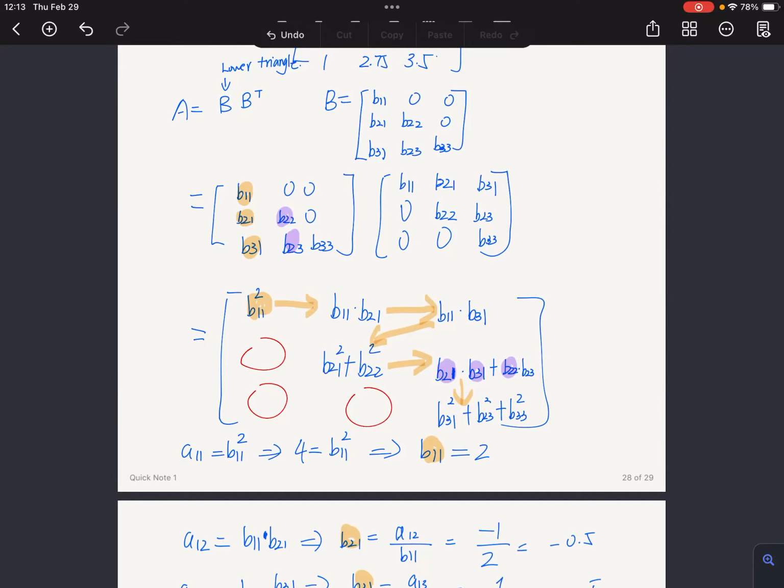But I prefer doing it this way because the formula is hard to memorize. I would not go for a 4x4 matrix, and I will only go for a 2x2 or 3x3 matrix. So it would not be too horrible.